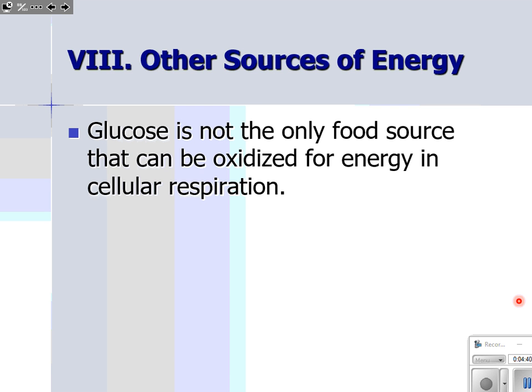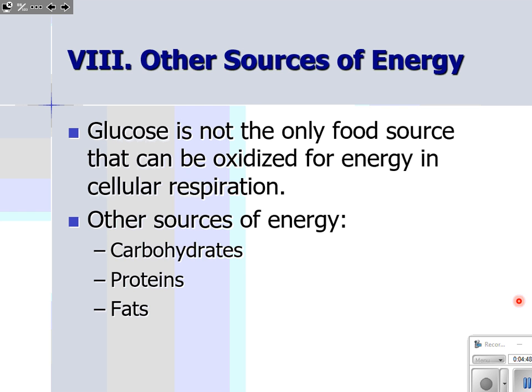So glucose is not the only food source that can be oxidized for energy in aerobic cellular respiration. Other sources of energy are carbohydrates. Now, of course, glucose is a carbohydrate, but we're going to talk about how other carbohydrates like starch or glycogen can be used as the starting points for respiration.